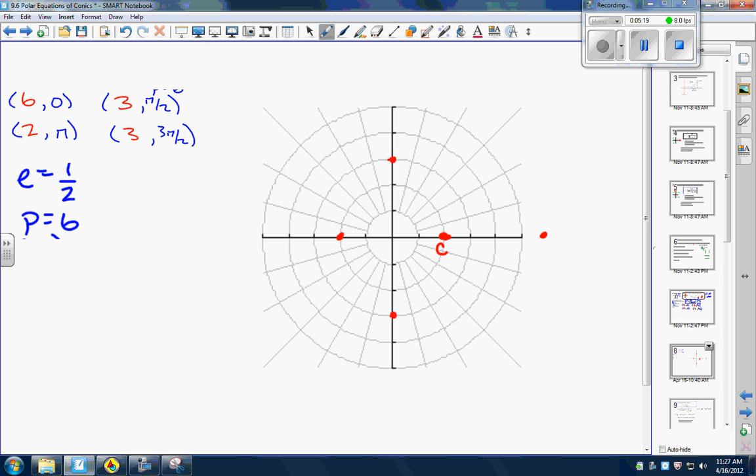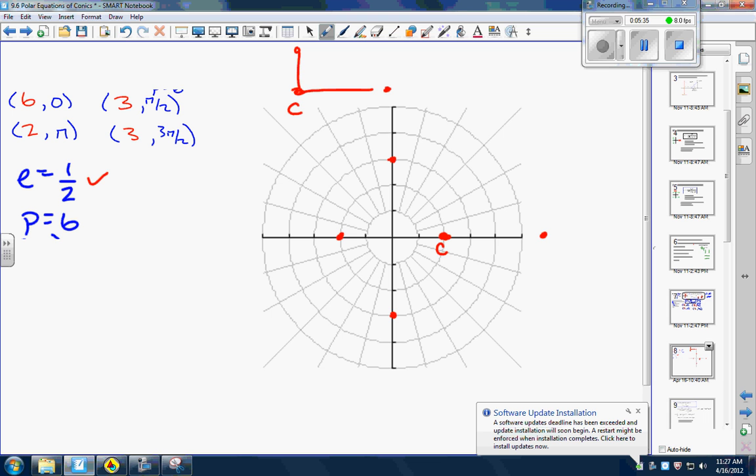So that means that we know this is an ellipse because we said eccentricity was less than 1. Normally when we do ellipses, we come out from the center and we come up from the center like this. Okay, that's not going to be the case in polar now.